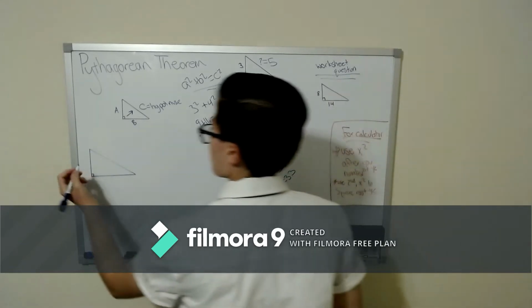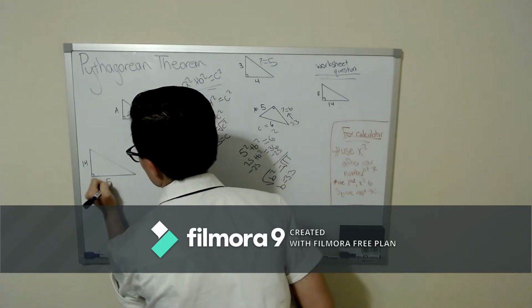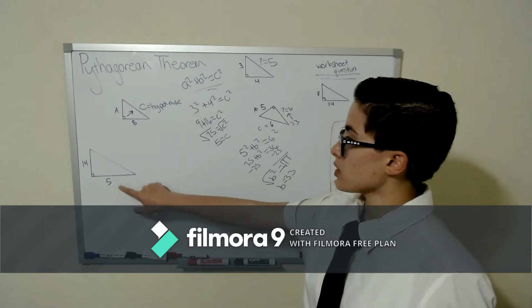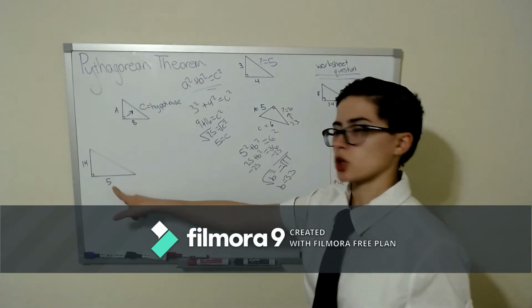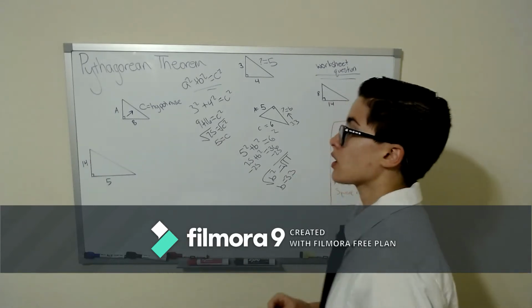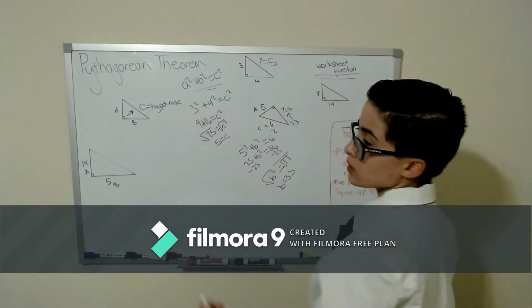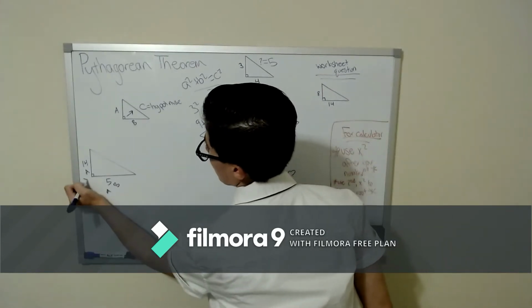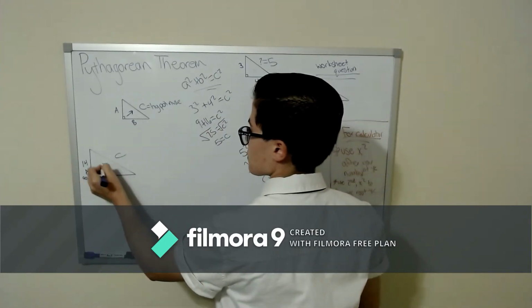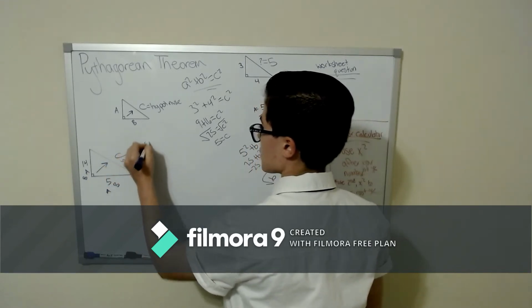Let's go on to the next one. 14 and 5. On a worksheet, this could be bigger with a smaller number, and this can be smaller with a bigger number. The order doesn't matter. This is A, and this is B. Or, this is A, and this is B. But this will always be C, because the hypotenuse can only be there.